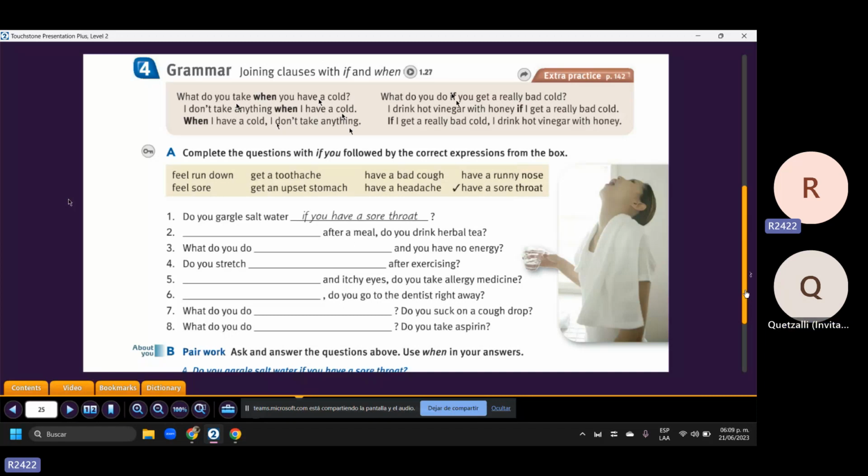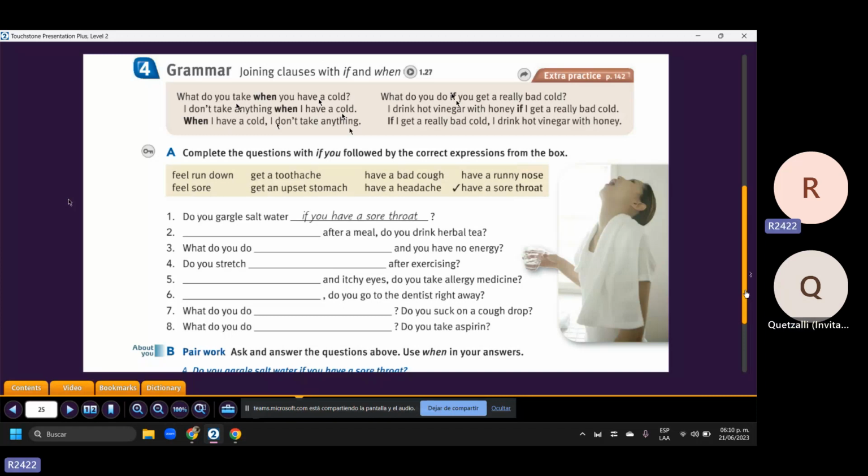Run down. ¿Cuál sería el significado de feel run down? Puede ser como sentirse decaído o algo así. What do you do if you feel run down and you have no energy? Decaído.